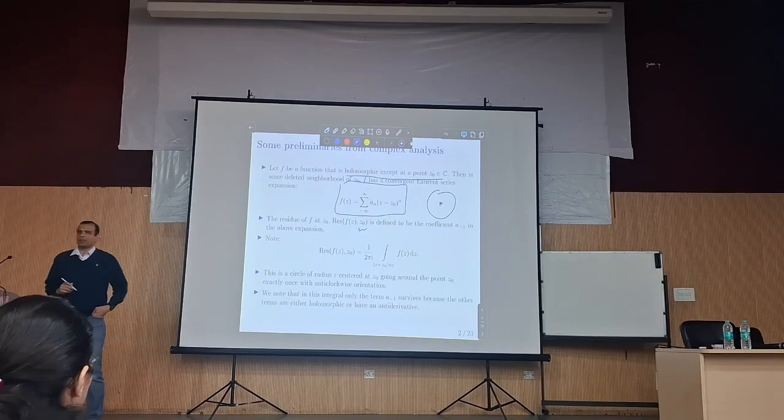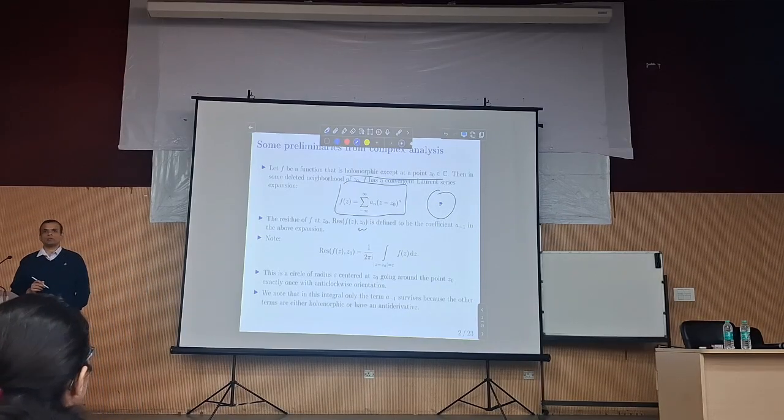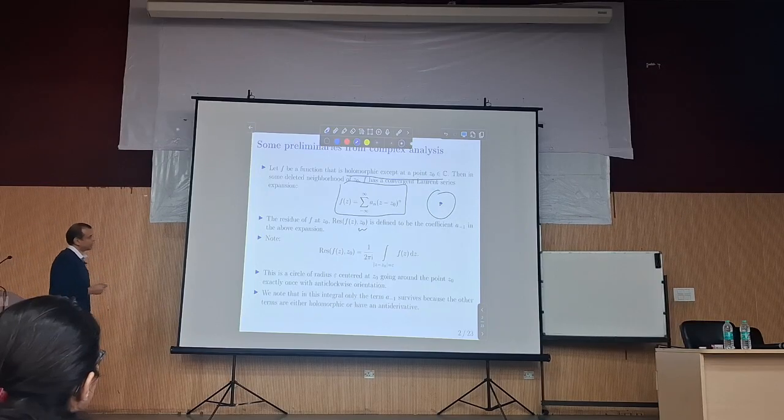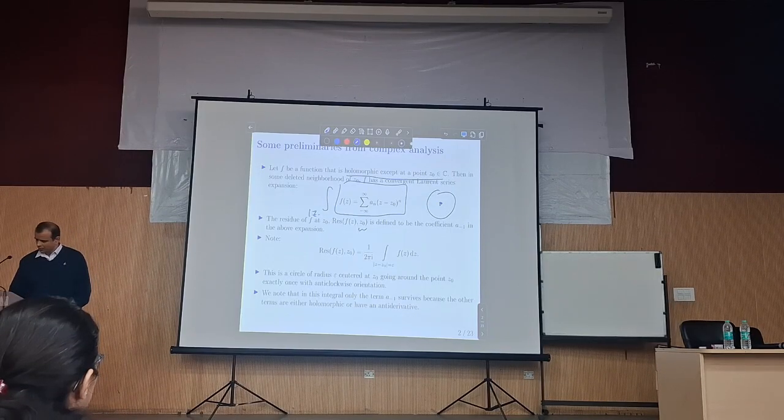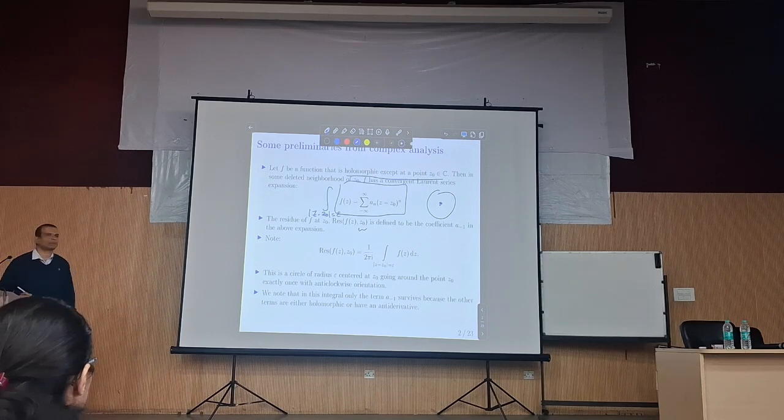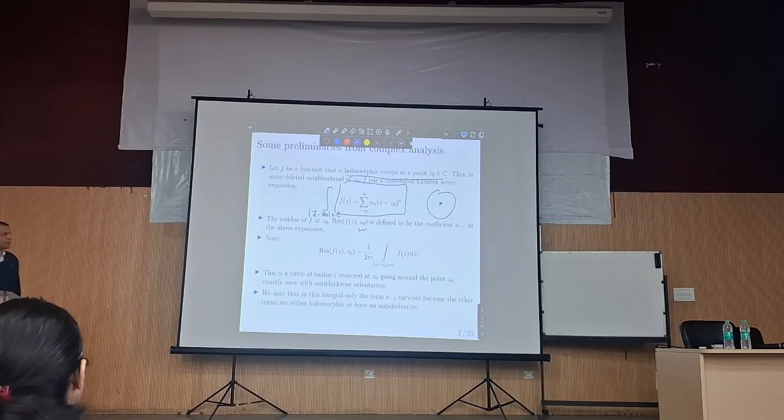But you see that this residue is intimately connected to an integral, because suppose I were to integrate this particular function over mod z minus z0 equal to epsilon, where epsilon is some positive number. It does not really matter as long as epsilon stays in a small neighborhood.